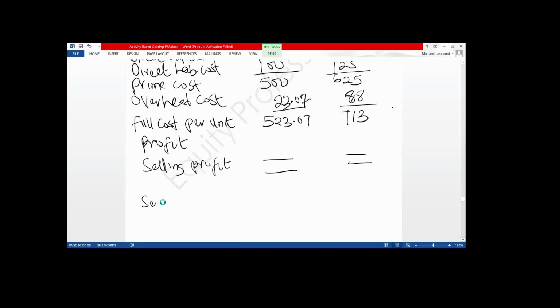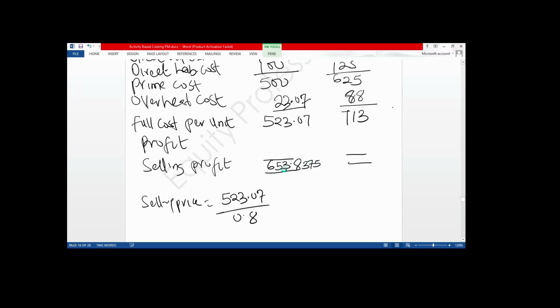Selling price for standard is equal to 523.07 divided by 0.8. That will give me the 100% selling price, 653.8375.